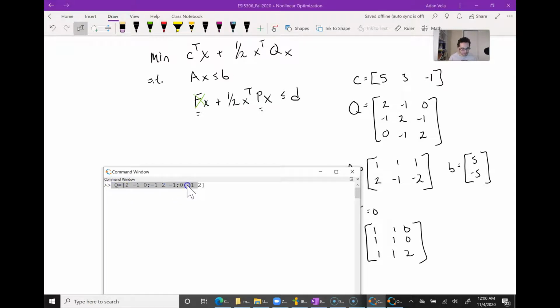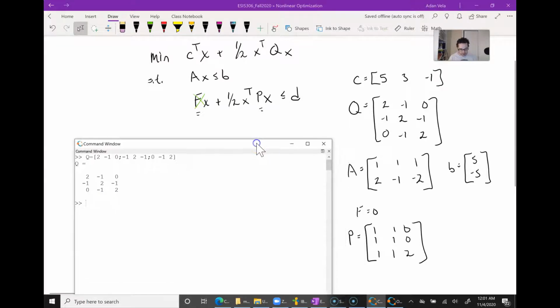For those of you who haven't used MATLAB or Octave before, you type in the name of the variable, say it's equal to something, put square brackets, and for each row you put in a semicolon. Okay, so there goes Q. I can do the same thing for P: P equals, square brackets, 1, 1, 0, semicolon, 1, 1, 0, semicolon, 1, 1, 2.